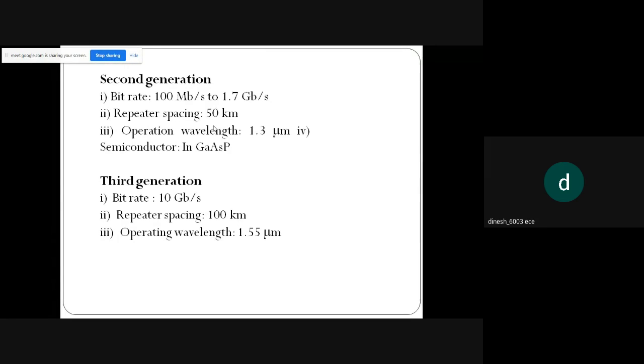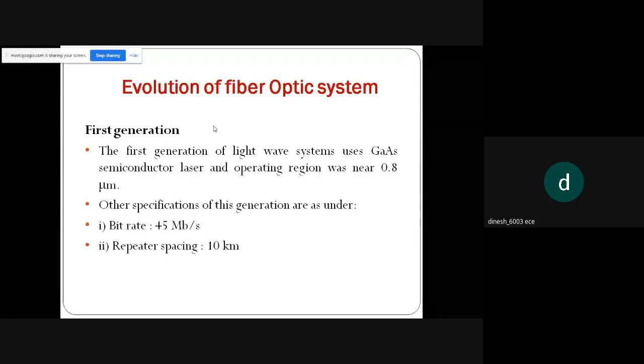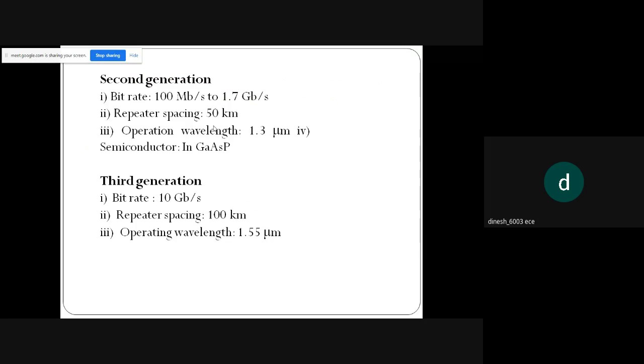So in the first generation, for every 10 kilometers of distance, I need to keep optical repeaters, whereas in the second generation, I need to keep them only at 50 kilometers, which is 5 times savings.